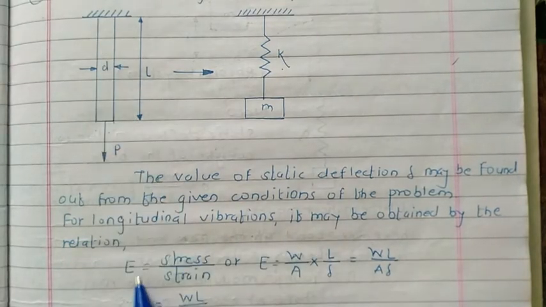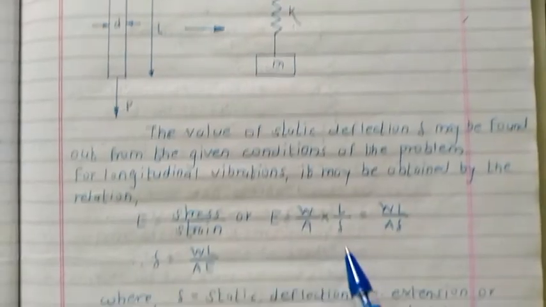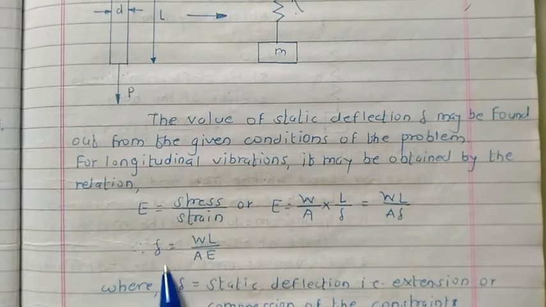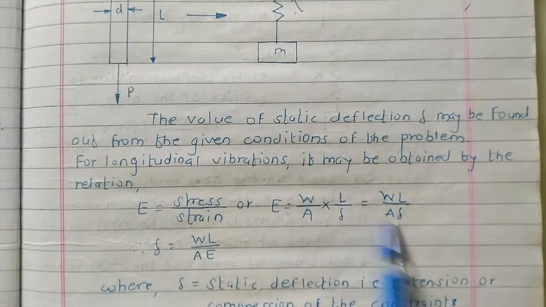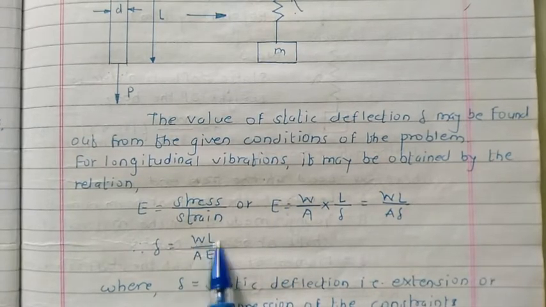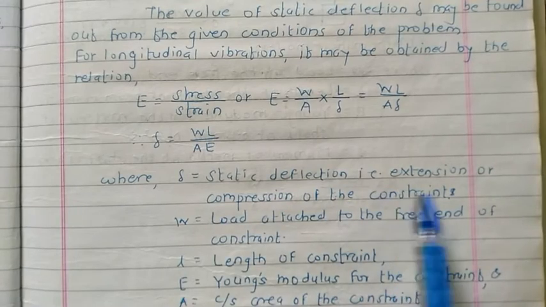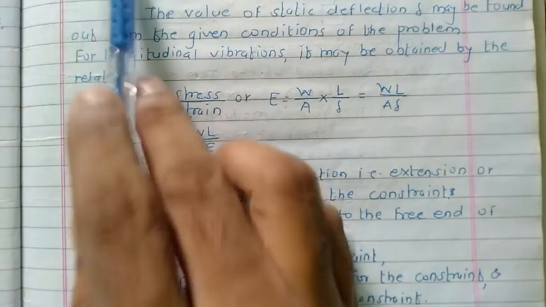So E is stress divided by strain, and we get the relation E equals W divided by A, multiplied by L divided by delta. That gives WL divided by A into delta. The deflection delta can then be obtained with delta coming to one side and E going in the denominator. So delta equals WL divided by A into E. Here delta indicates the static deflection, that is the extension or compression of the given bar.